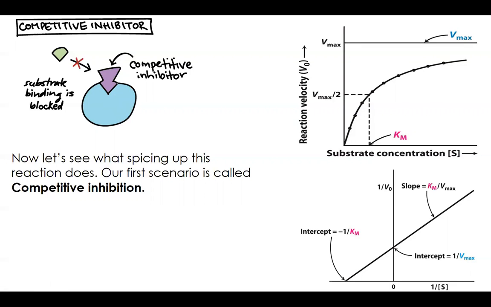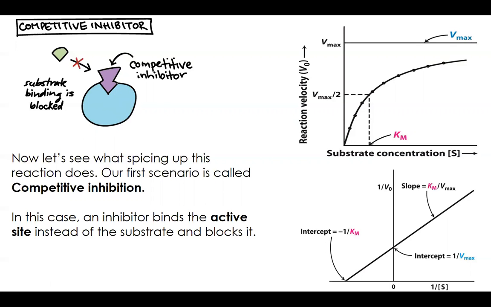We talked about a couple of values, Km and Vmax, again, that are going to give us information about this. So we're going to learn how the Km and Vmax may or may not change due to the presence of this competitive inhibitor. Again, with a competitive inhibitor, we are binding to the active site.